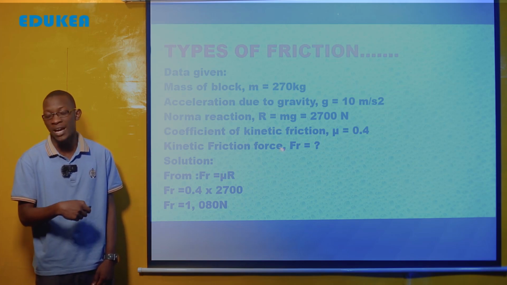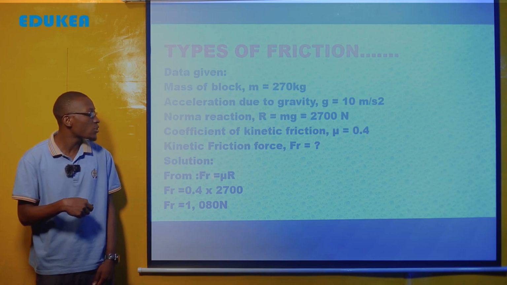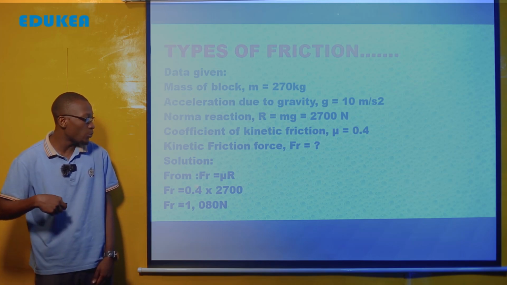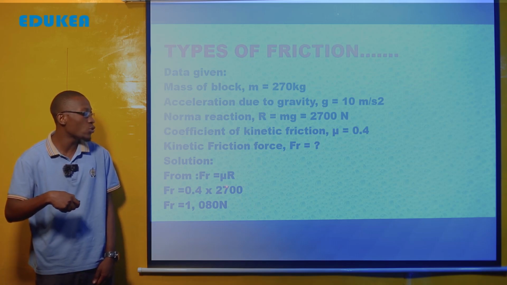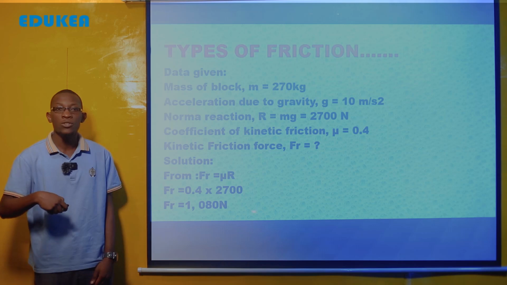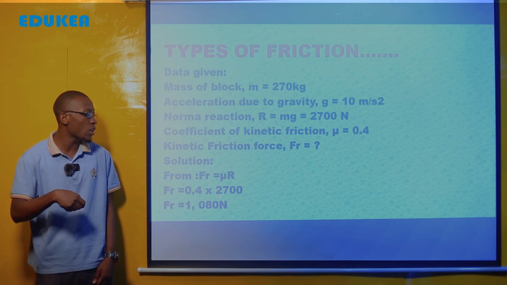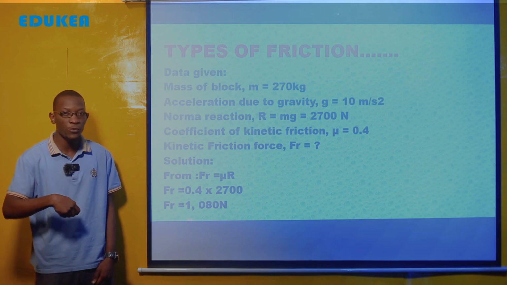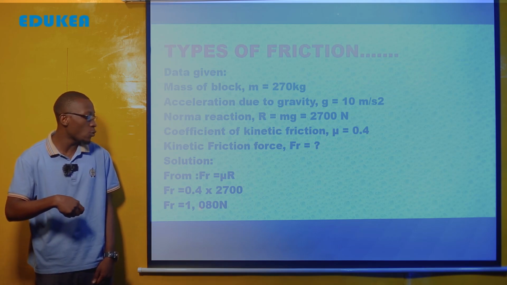So the coefficients of kinetic friction is 0.4. So we put here 0.4 times 2700. So 0.4 times 2700, we get 1,080 Newton. So the frictional force itakuwa ni 1080 Newton.